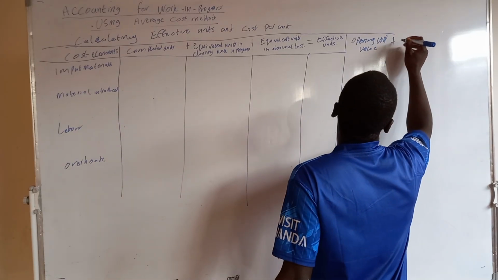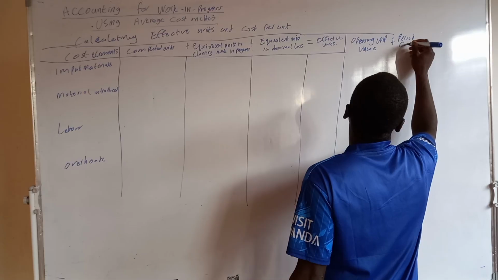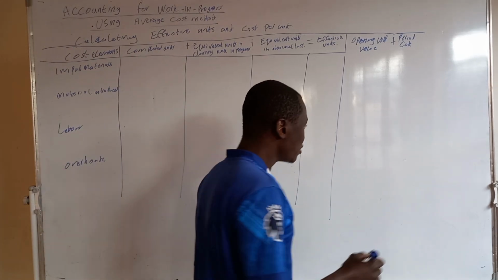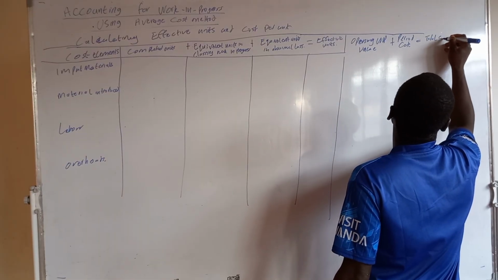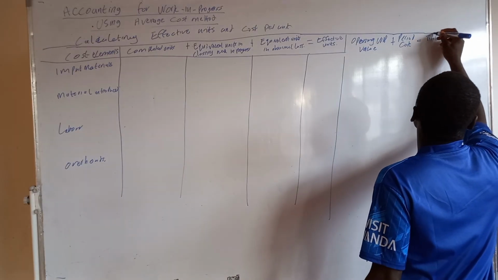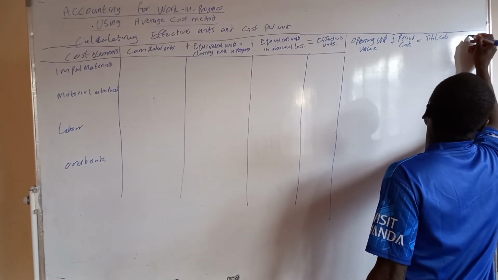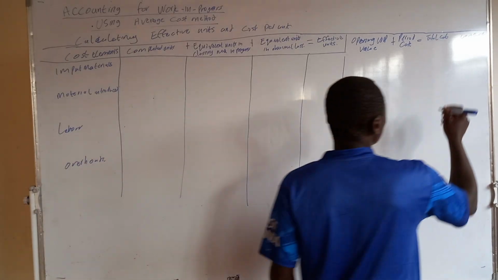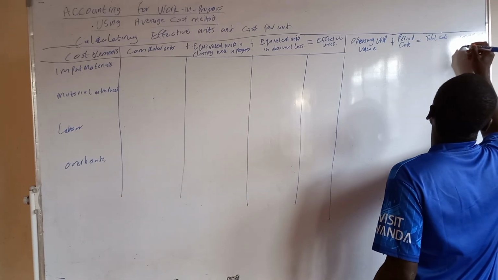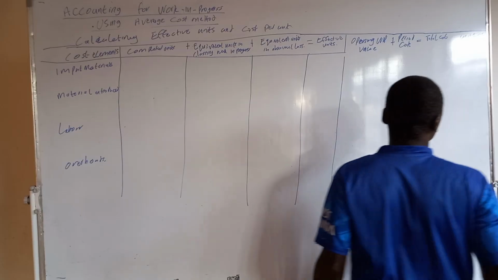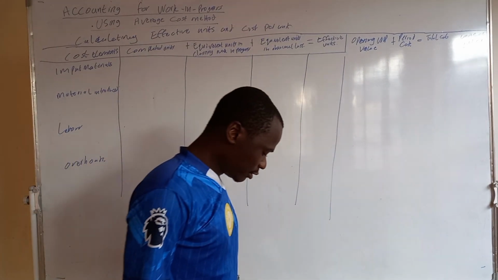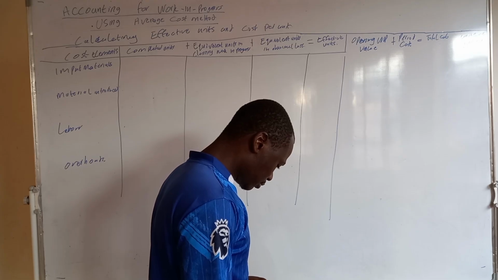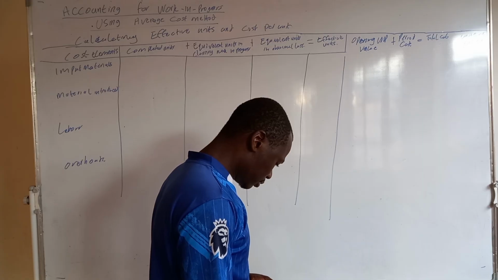This plus the cost that we incur within this period gives us the total cost. Then unit cost is equivalent to total cost divided by effective units.